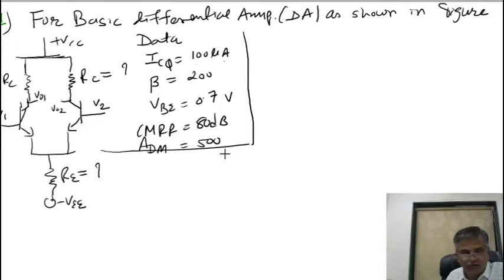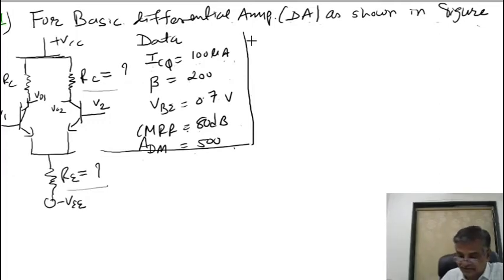Now listen again, the question: for the basic differential amplifier circuit as shown in the figure, ICQ is 100 microampere, beta is 200, VB 0.7, CMRR 80 dB, and differential gain is 500. Determine the value of RC and RE.